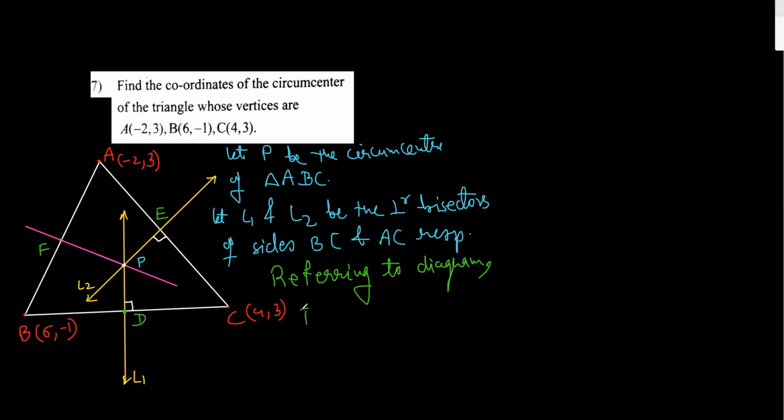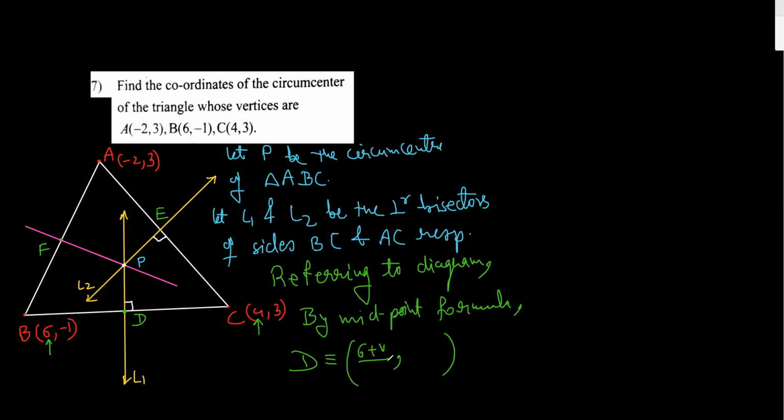So see here, I write by midpoint formula, the coordinates of D will be, the x coordinate of D is x coordinate of point B plus x coordinate of point C upon 2.